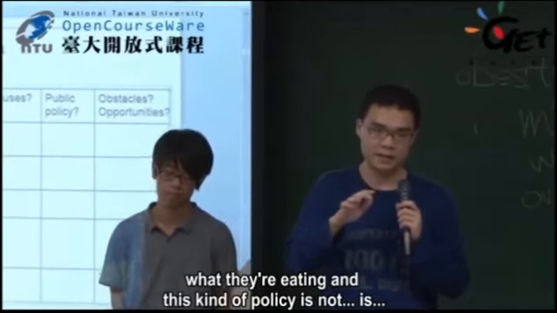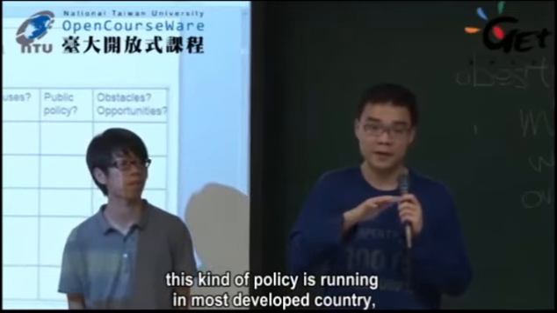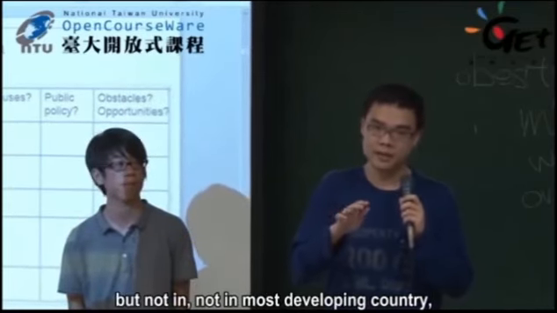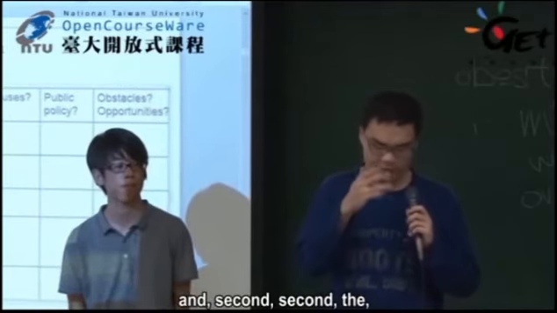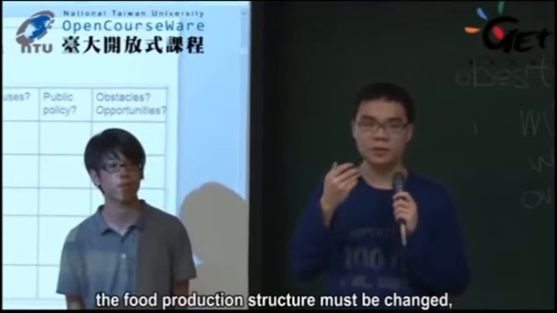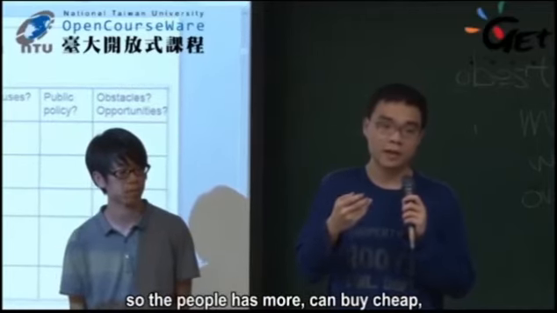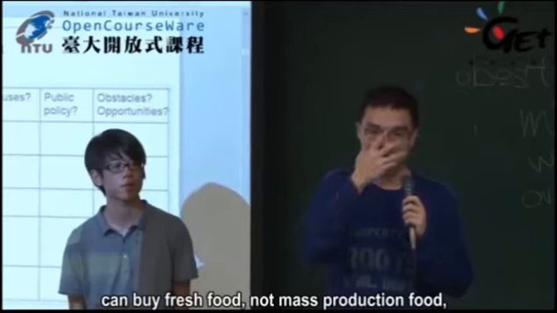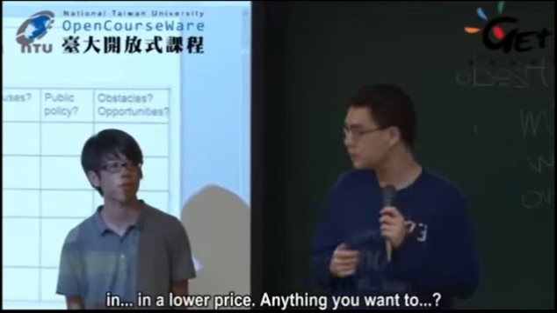This kind of policy is running in most developed countries, but not in most developing countries. And second, the food production structure must be changed, so people can buy fresh food, not mass production food, at a lower price.